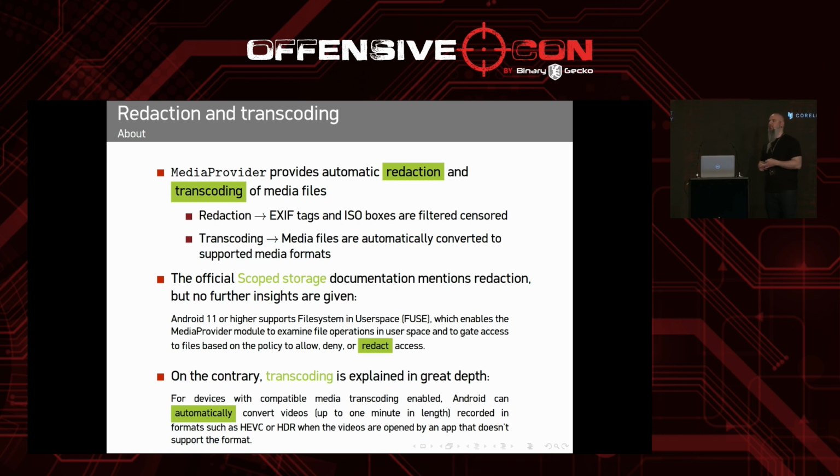Transcoding is the process of converting one media format to another. This happens because some applications may not support certain media files, so the media provider automatically converts them so that any application can access, for example, a specific video on the device.